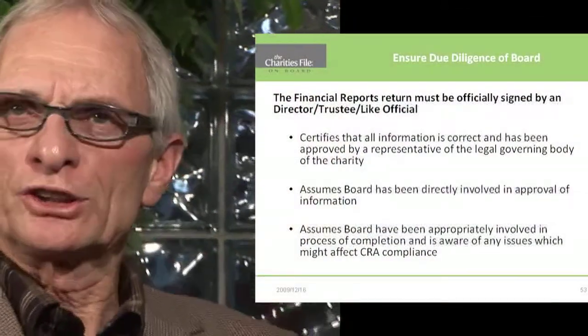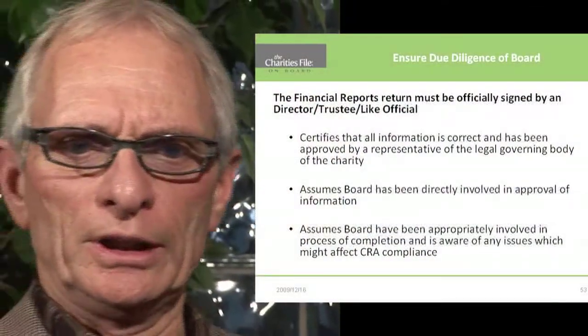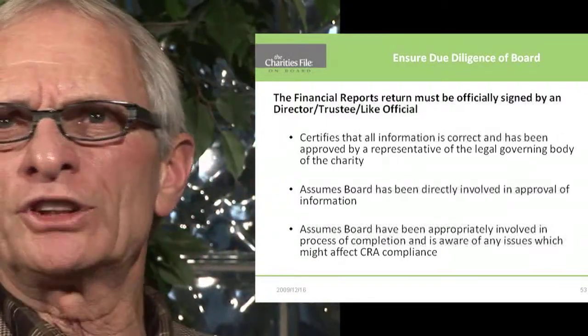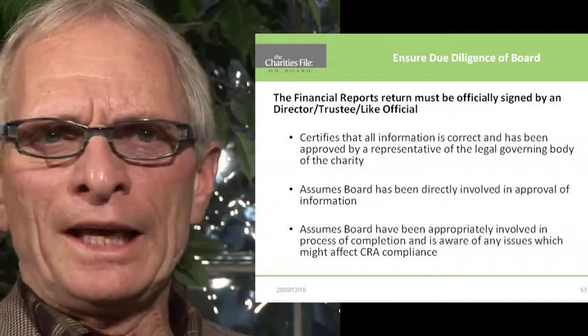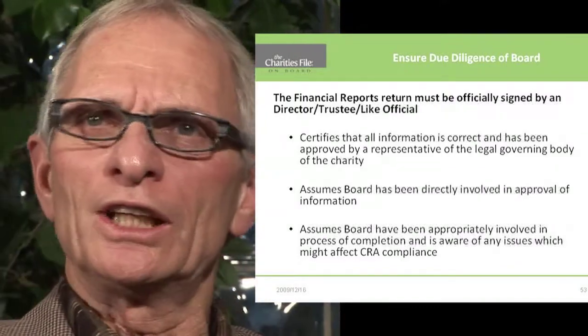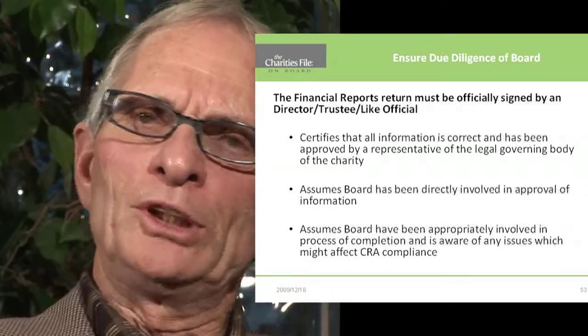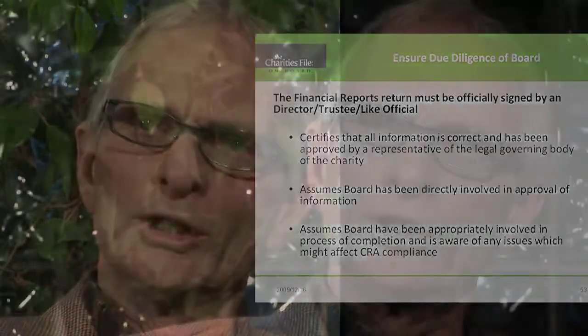Then there's the assumption that the board has been involved in the approval processes and has been involved in conversations that might relate to any financial components that could be a problem for the board. So the treasurer really needs to spearhead that communication process and ensure that the board has the appropriate information to make good decisions before it is approved and forwarded to CRA.